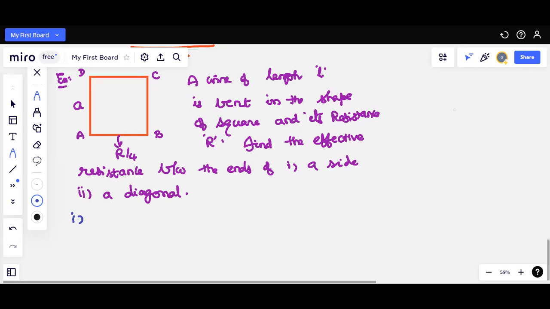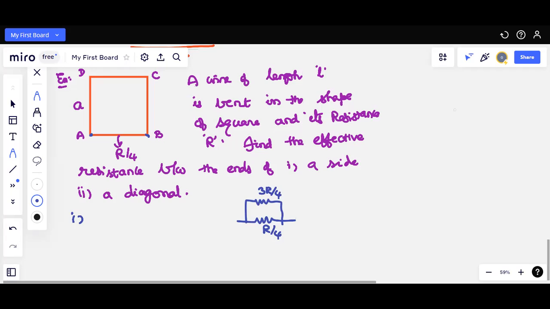Across the ends of a side, if AB is a side, the resistance is R/4. This whole part is also there between A and B. Total between A and B, R/4 plus R/4 plus R/4 are in series, so at the top you are getting 3R/4.